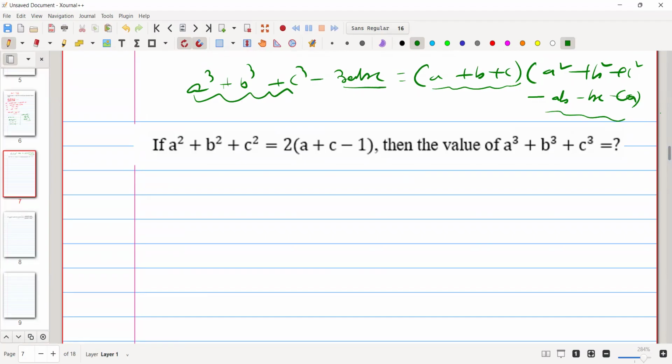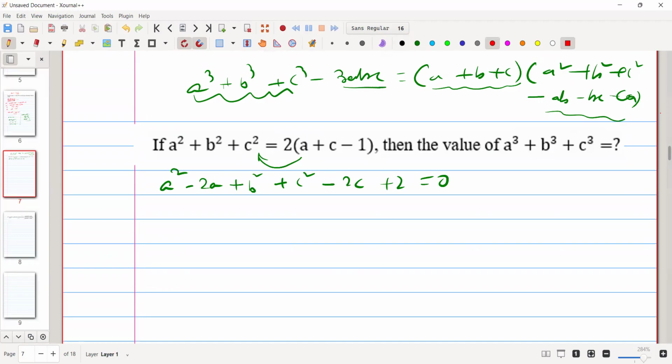Just see, open the bracket on the right hand side and bring all the terms to the left hand side. So we can write a square minus 2a plus b square plus c square minus 2c plus 2 is equal to 0.